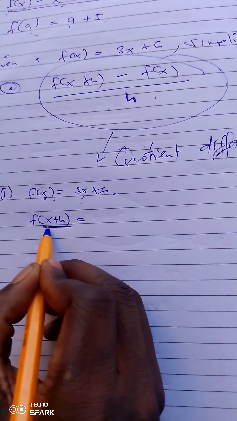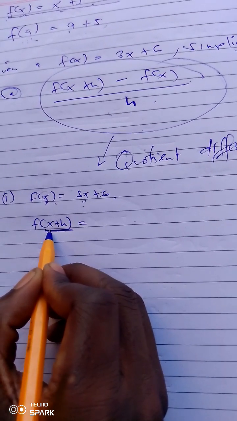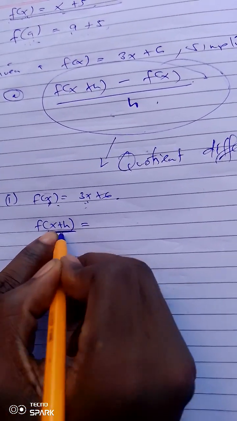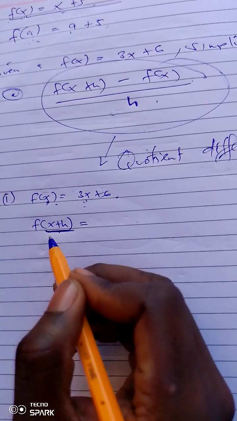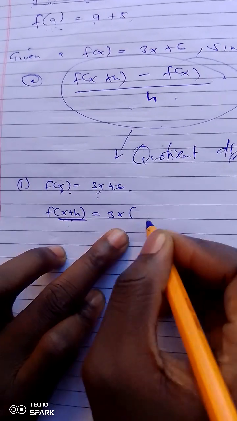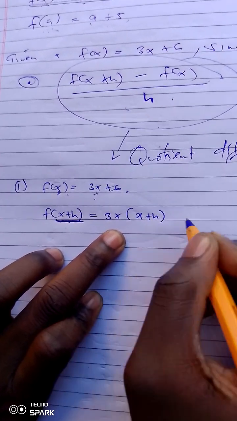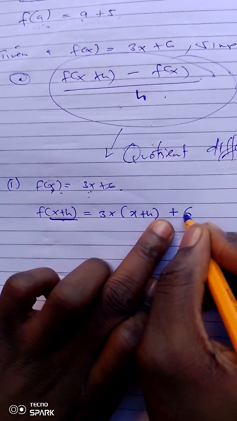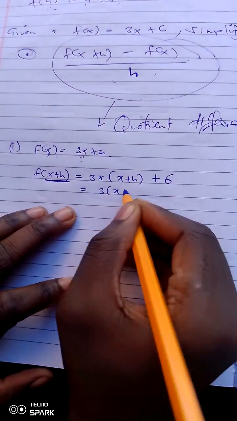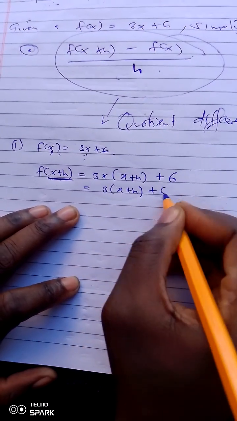The rule does not change. Multiply the input by 3, then add a 6. Because this input is a two-termed expression, I have to put it in brackets. So I'm going to say 3 times my input, which is x plus h, then add a 6. That's what the rule is saying. So here I'm going to get 3 open bracket x plus h close bracket plus 6.